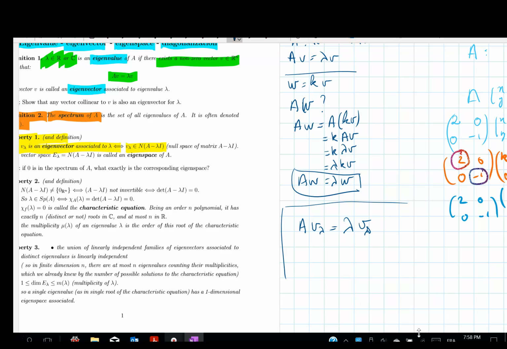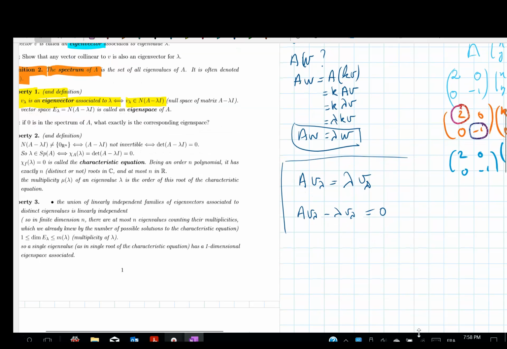Okay, in other words, what does it mean? Let's put that on the other side. A V lambda minus lambda V lambda is equal to 0. Do you see where I'm going? Lambda times V lambda, lambda is a real, V lambda is an element of R^n. That's also lambda times the identity of R^n times V lambda equals 0, which I can absolutely rewrite as A minus lambda I times V lambda is equal to 0.